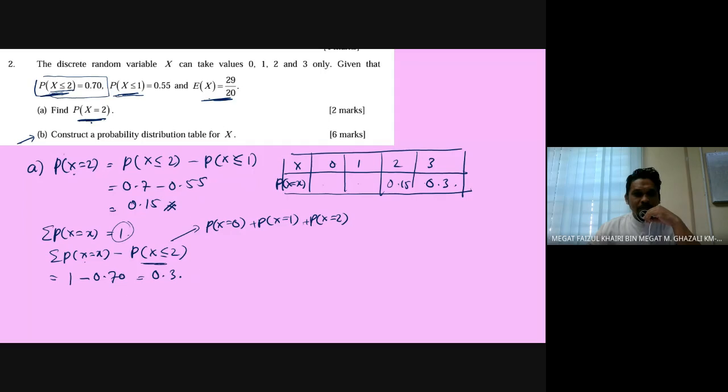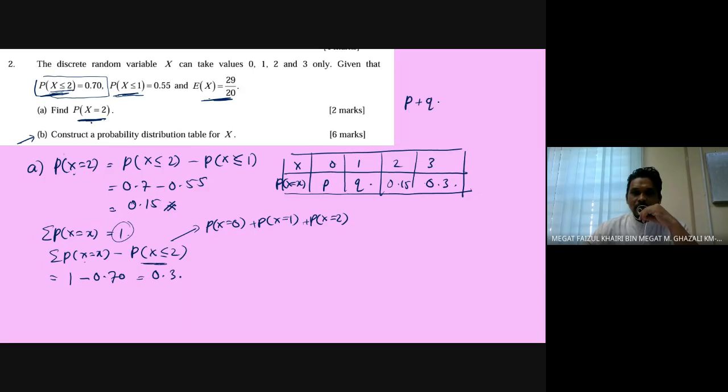What else? Just imagine that we put these as P and Q, the probabilities for x equal to 0 and 1.